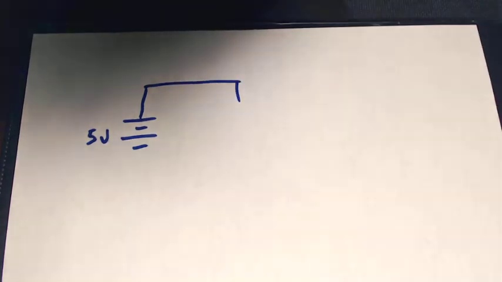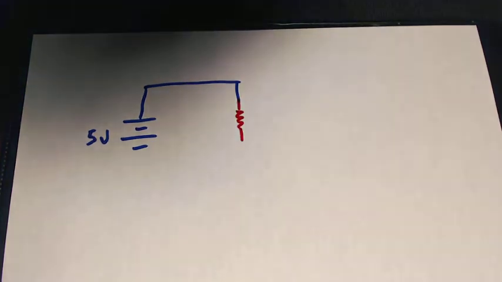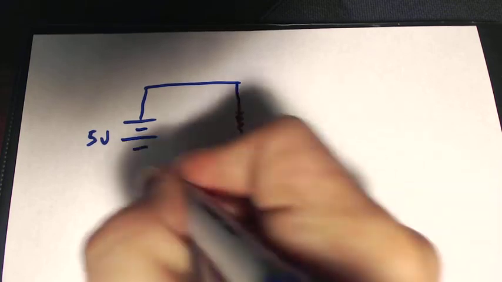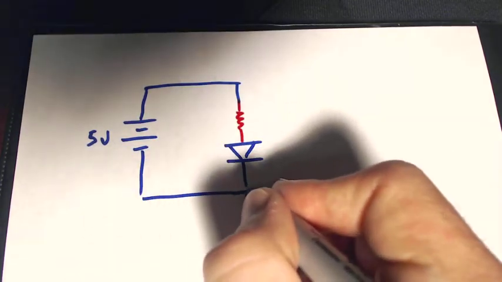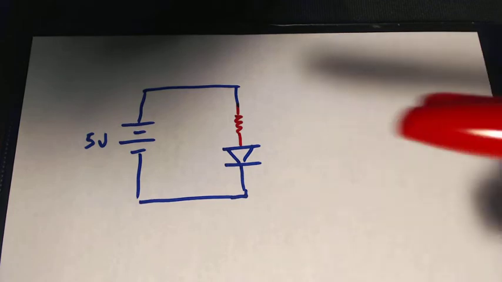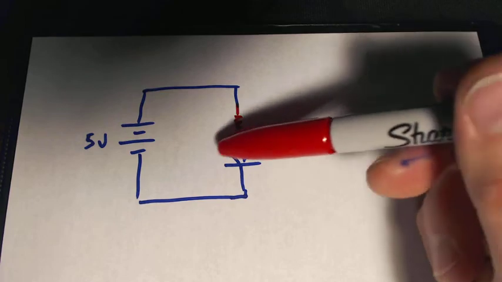Now, if we take our circuit, let's say a 5-volt source, and if we add a resistor in there in series with our LED, we now have some other resistance in series with this diode.